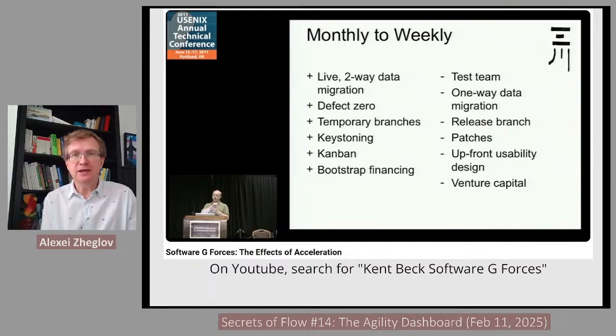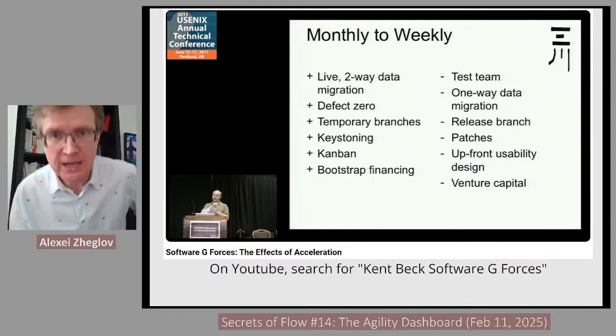And so he developed and proposed this logarithmic scale rather than a linear scale from yearly to hourly. Logarithmic means every notch on the scale means the frequency increases by several times rather than by a fixed amount. So for example, from yearly to quarterly, that's a 4 times increase of frequency. From yearly to monthly, it's 3 times. From monthly to weekly, 4 times, and so on and so forth.